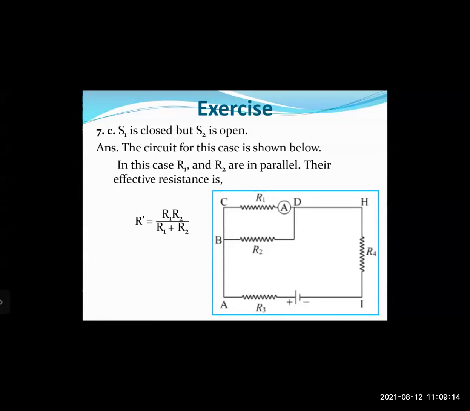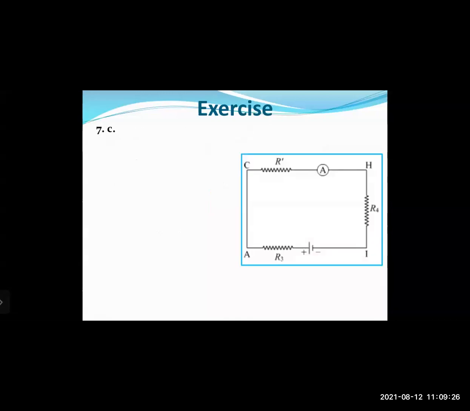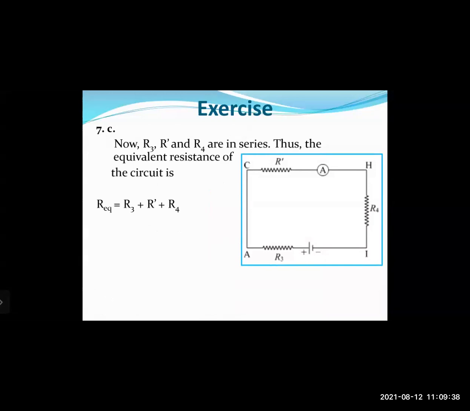Now, replacing R1 and R2 by the resistor we have substituted, that is R dash. Further, resistor R3 and R4 are in series. The equivalent resistance in the total circuit is R equivalent equals R3 plus R dash plus R4. Right? The total resistance.